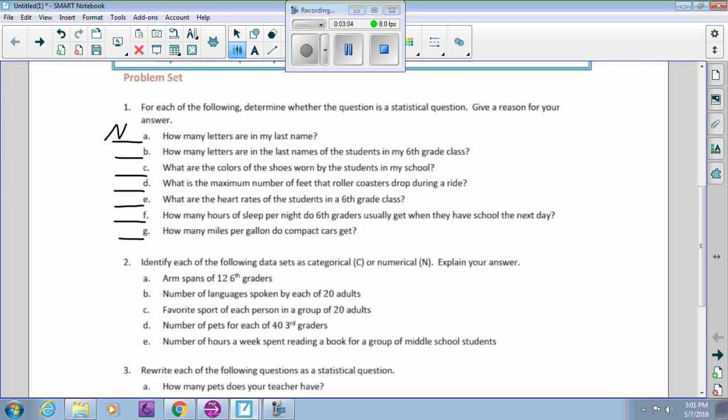And that would be non-statistical. The reason it would be non-statistical is that it does not apply to a group. You're asking one person, in this case yourself, how many letters are in your last name. So therefore the answers will not vary.